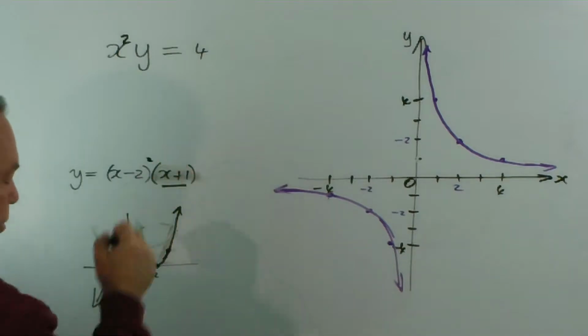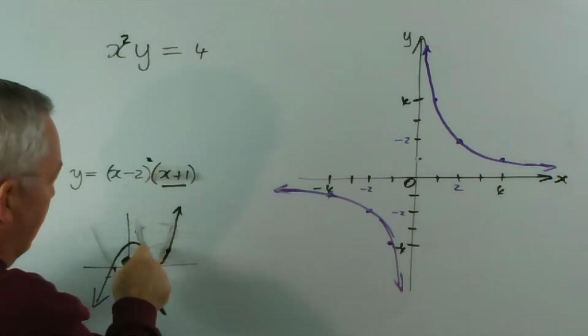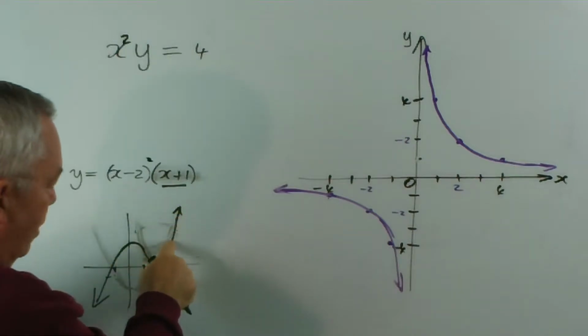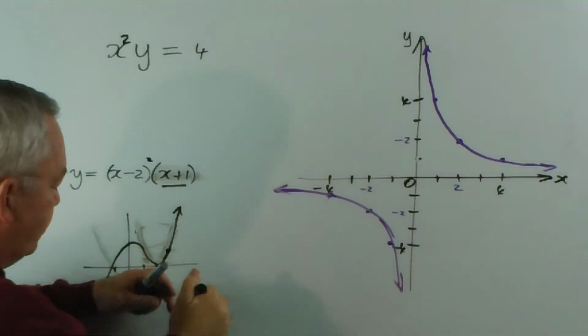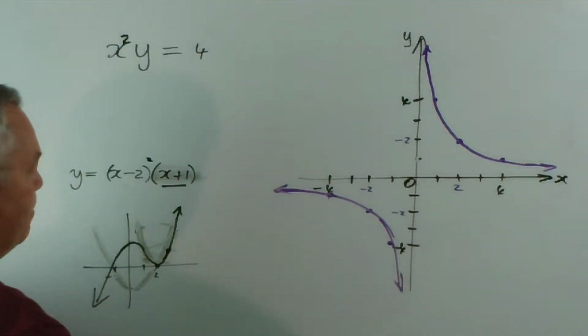And this was a way of graphing what is now a cubic function. But when we double a 0, the curve bounced off. So in other words, it was kind of duplicated around that point.